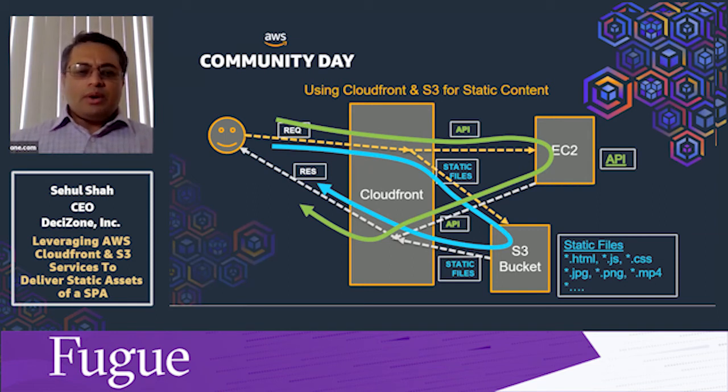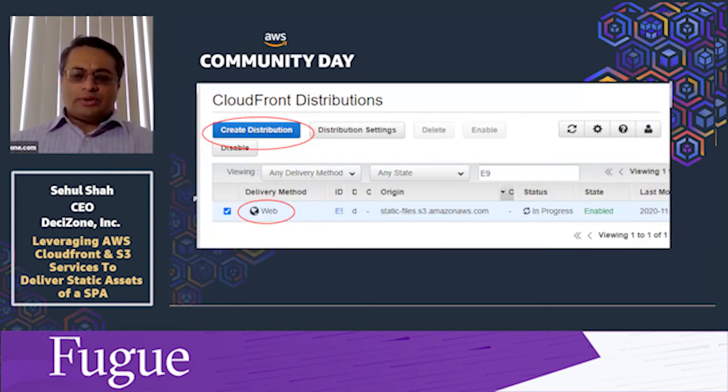So let me show you how to set this up in CloudFront and how you can implement this. This is a very good feature inside CloudFront. When you create a distribution in CloudFront, you set it up as a web distribution.